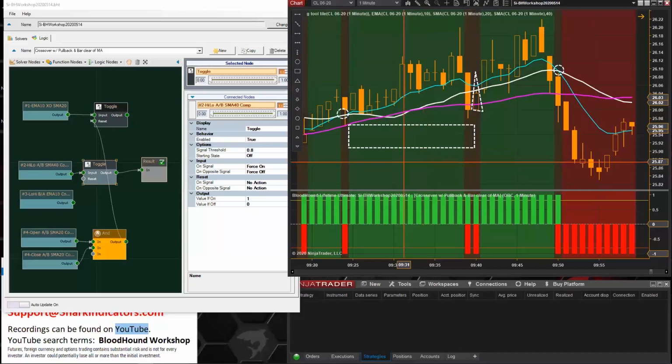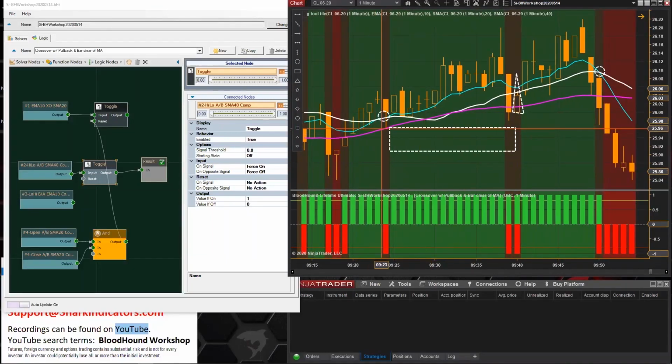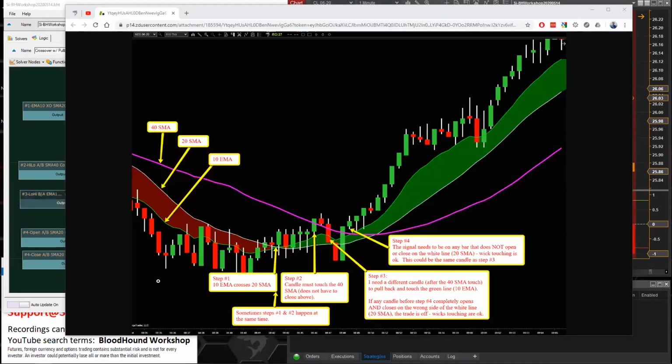And let's see, what do we have to work with here? Yeah, all of these are above the SMA 40. Well, Gary, I'm kind of wondering if you forgot to include a rule. I'm wondering if you needed the SMAs to all be stacked, in this reverse order here first.